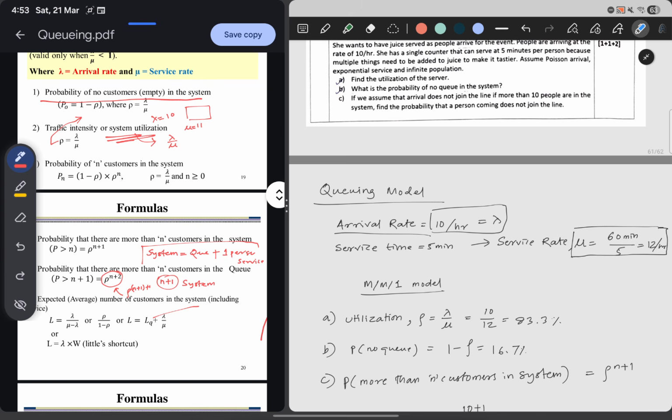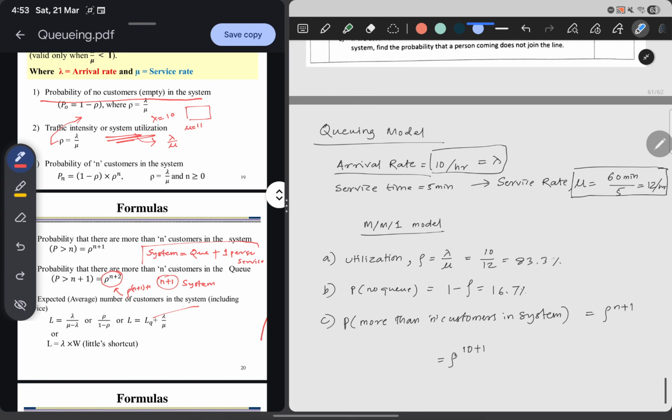We go back to the same formula: the probability that there are more than 10 people in the system. We know the formula, rho to the power n plus 1. So we can simply write that as rho to the power 10 plus 1, or rho to the power 11. Calculate this value of rho, and then rho to the power 11 will be the final answer.